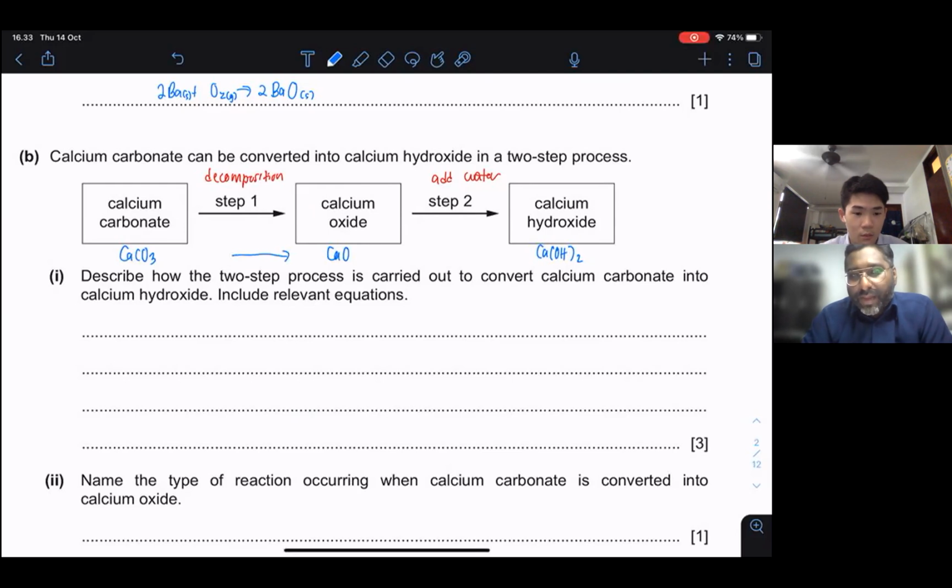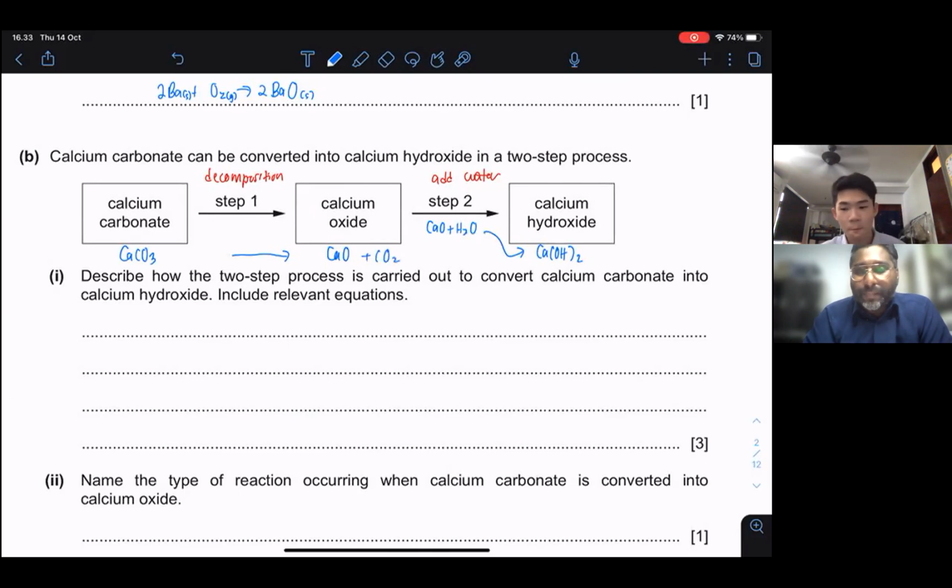When you have calcium carbonate, it will decompose to calcium oxide plus carbon dioxide. This is what we call thermal decomposition. And how do you change calcium oxide to become calcium hydroxide? You simply need to add water. You add calcium oxide plus water, and they give you calcium hydroxide. These are the two steps.